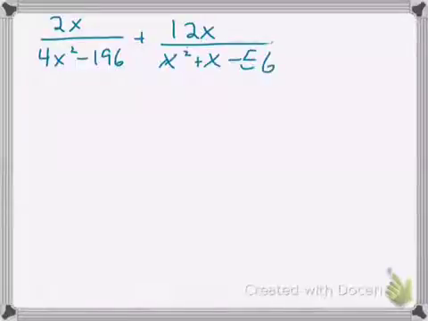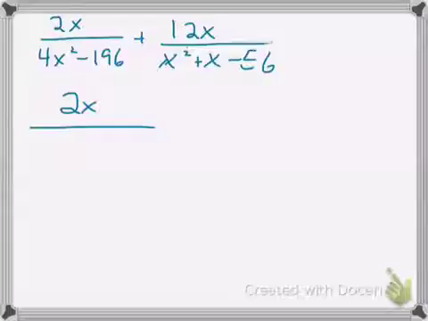Okay, now we've got to factor these two expressions in the denominators. This is 2x over 4x squared minus 196, the difference of squares. It's 4 times x squared minus 49. I'm going to do this in two steps. Watch. This is 4 times x squared minus 49. But x squared minus 49 will factor further, won't it?